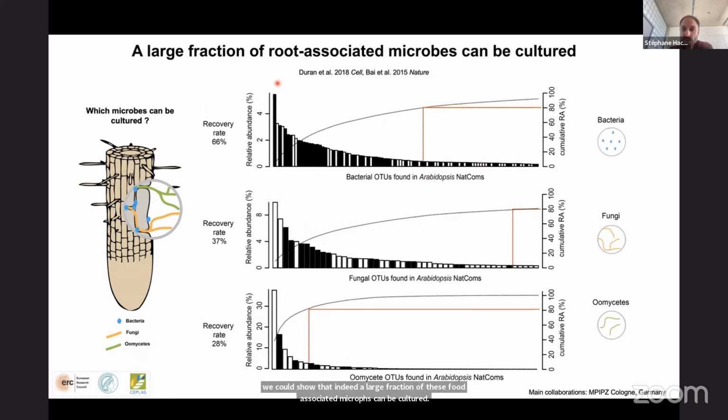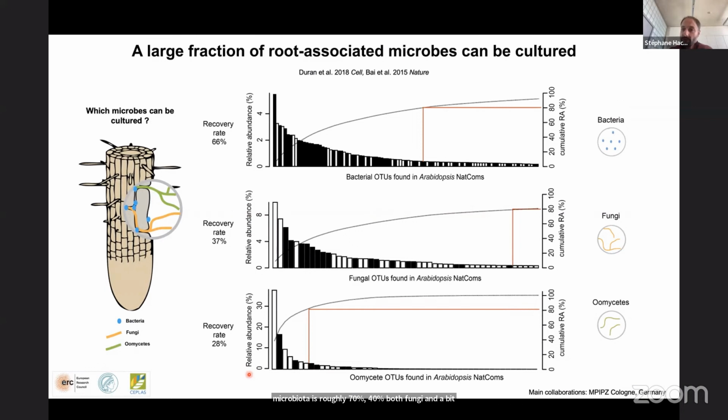This is what you can see here, where you have the relative abundance of these different microbes in the roots of Arabidopsis grown in the specific soil for bacteria, fungi, and oomycetes. I have highlighted here in black the microbes for which we have a representative isolate in our culture collections. You can see that the recovery rate for the bacterial microbiota is roughly 70%, 40% for the fungi, and a bit lower, 30% for the oomycetes.